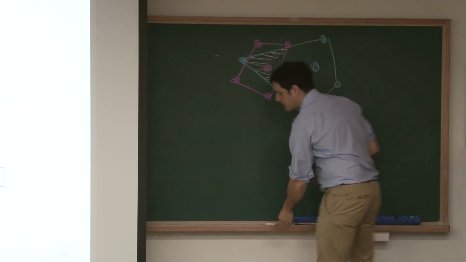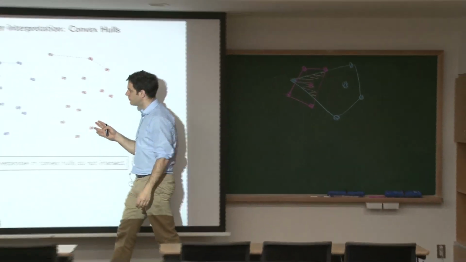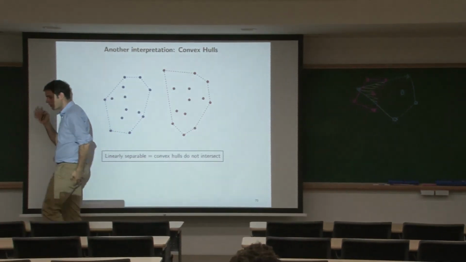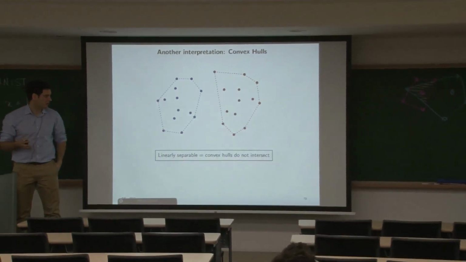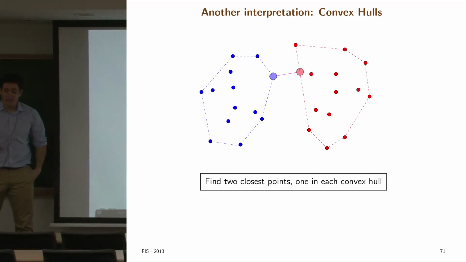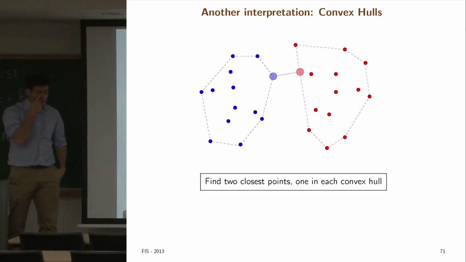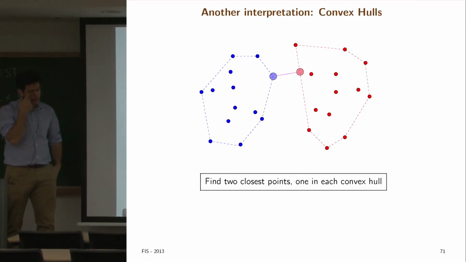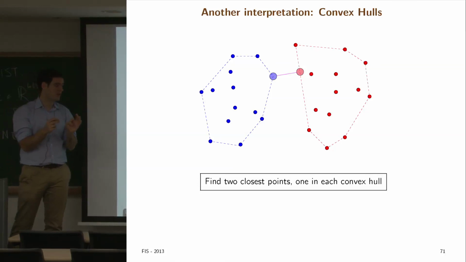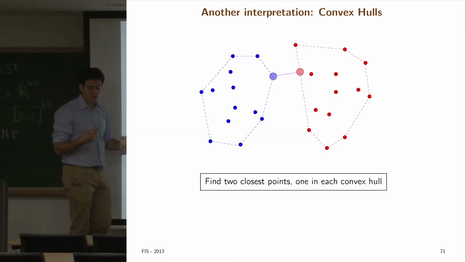But it's very easy to prove that if two sets of points are linearly separable, then their convex hulls do not intersect. In that case, you can find the red point in the red set and the blue point in the blue set which are the closest to each other.